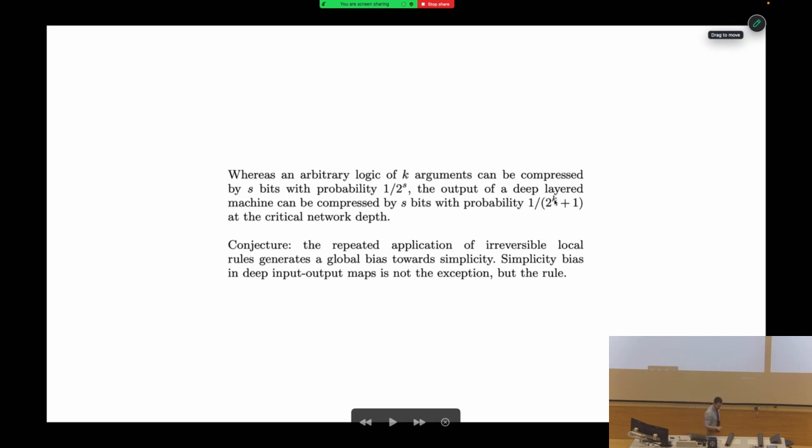My conjecture is that it's a natural consequence of repeatedly applying a simple dynamical process over and over again, a process which is irreversible. The irreversible aspect means you're going to make it many to one.